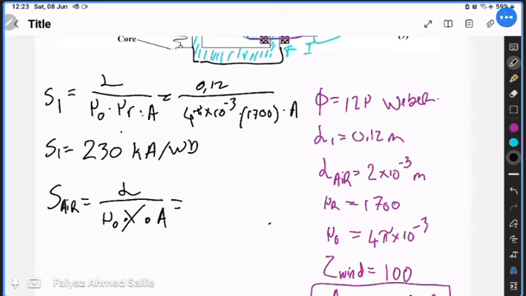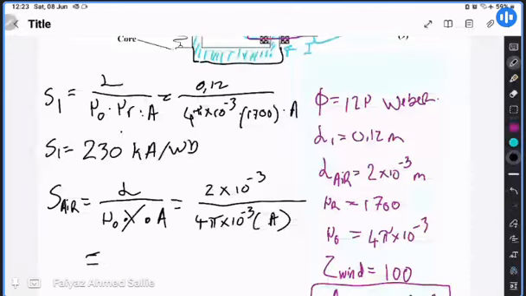So we have a length of 2 times 10 to the negative 3 over permeability of A, which is 4 pi multiplied by 10 to the negative 3, times the area, and I'm getting an answer of 6.6 kiloamps per Weber.